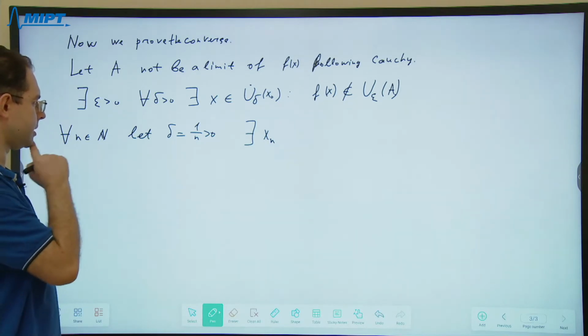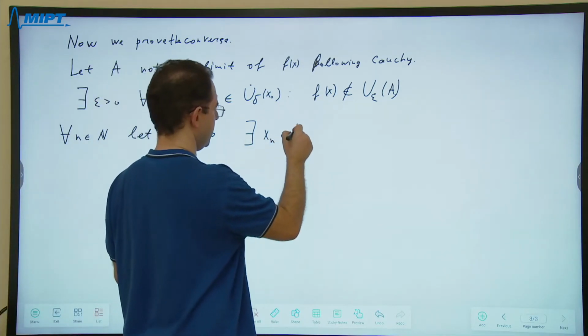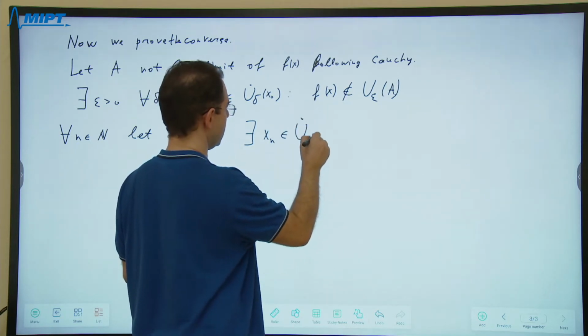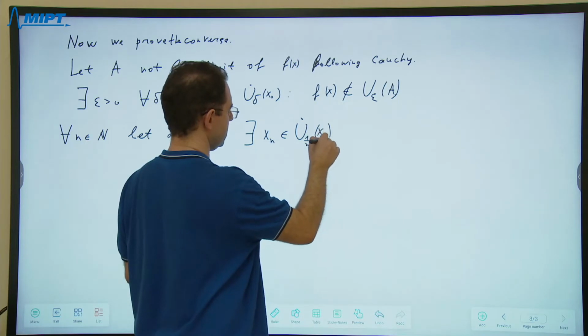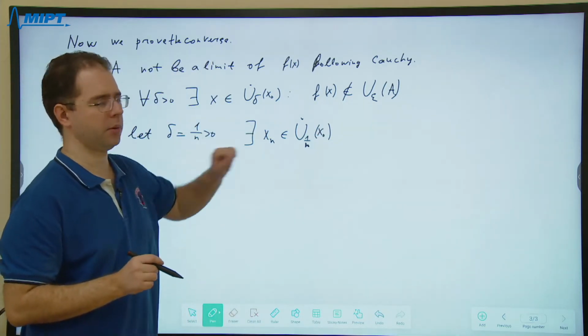So there exists xn from this deleted 1 over n neighborhood of x0. So delta equals 1 over n, so instead of delta, we'll write 1 over n.